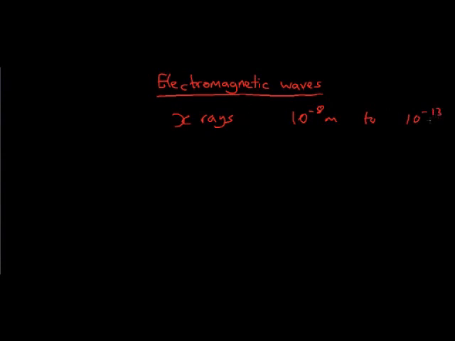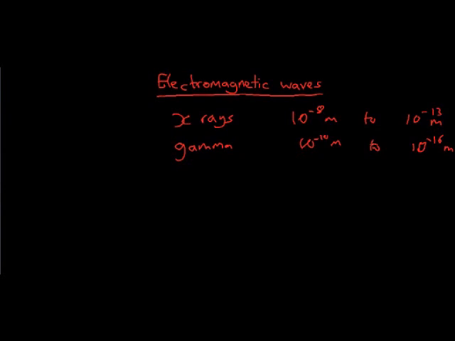Before I talk about X-rays, I'm going to write down gamma rays, and you might notice something. You have 10 to the minus 10 meters to 10 to the minus 16 meters. And there's an overlap. It's not a clearly defined thing, it's not a clear cut-off point.